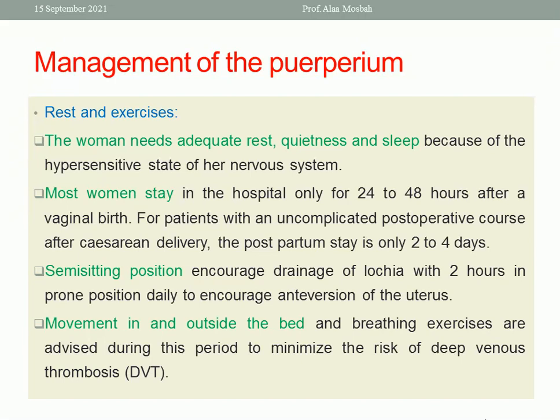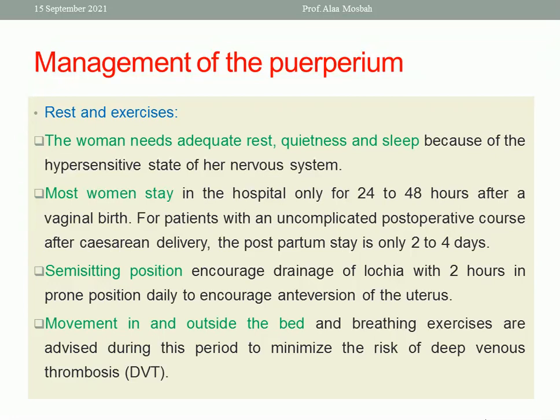What about rest and exercise? About the rest, the woman needs adequate rest, quietness, and sleep. Why? Because of the hypersensitive state of her nervous system. Most women stay in the hospital for 24 to 48 hours after vaginal birth.